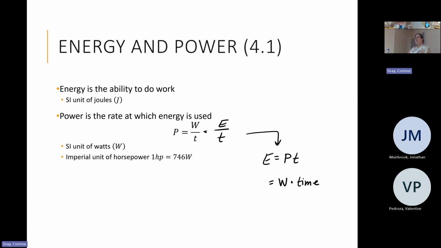And this is very confusing because how we use energy and power in conjunction with electricity in our day-to-day lives is roughly the same. So we're going to talk about the kilowatt hour on the next slide as well. But any questions so far?